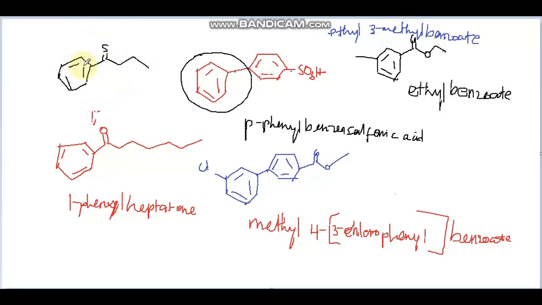This one is a butane thione. The whole of this is a butane thione. Then this one acts as a phenyl. So the name of this becomes 1-phenyl. Then this is 1, 2, 3, 4. That is butane. So you write 1-phenyl butane thione.